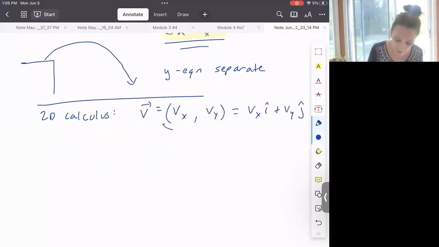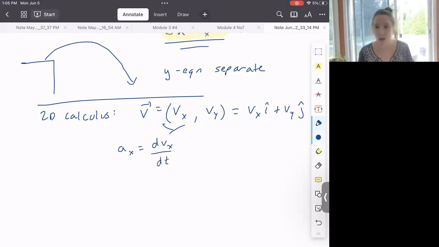And if I wanted to get information about the X position or the X acceleration, I just use my calculus in that direction. So the acceleration in the X direction is the derivative of the velocity in the X direction. And the position in X is the integral of the velocity in the X direction. And then the same thing in Y, right?